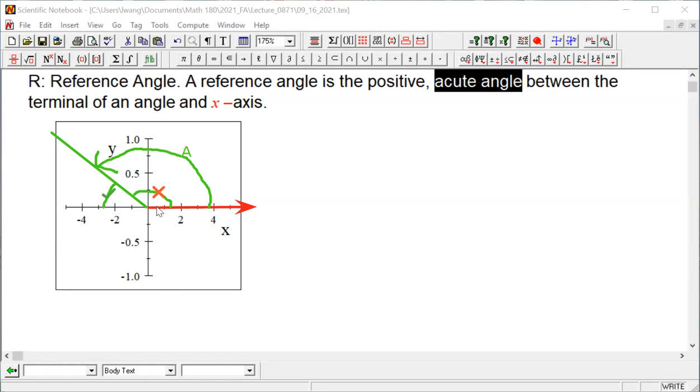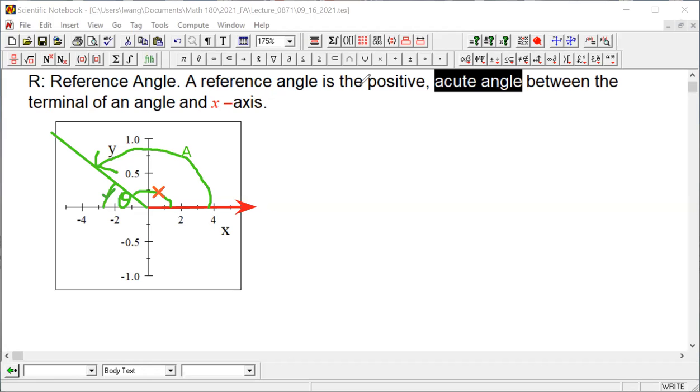Okay, so this is the second case. So this will be the theta, right? If you call which one is theta, this is theta. So the actual angle is A, its reference angle is theta. You follow me? Between the terminal and x-axis. And we don't consider negative angle at all.